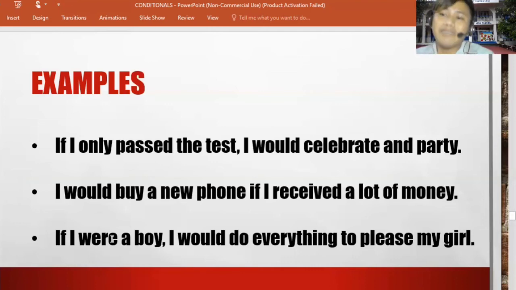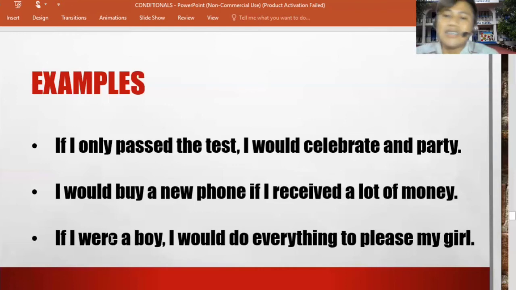Even though you're a girl, it's not because you are a girl that you cannot please someone else. You can still please them with your good deeds. There's no need for you to be a boy to please the ladies or the girls or whatsoever.